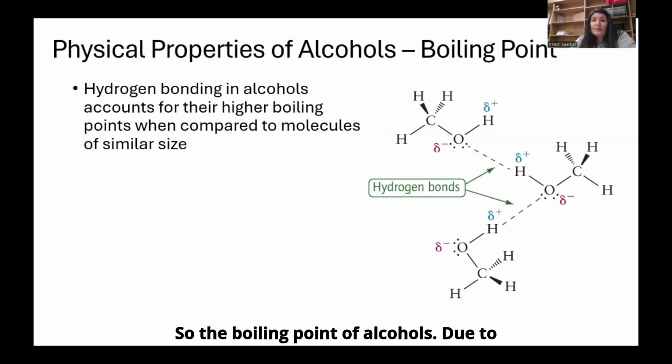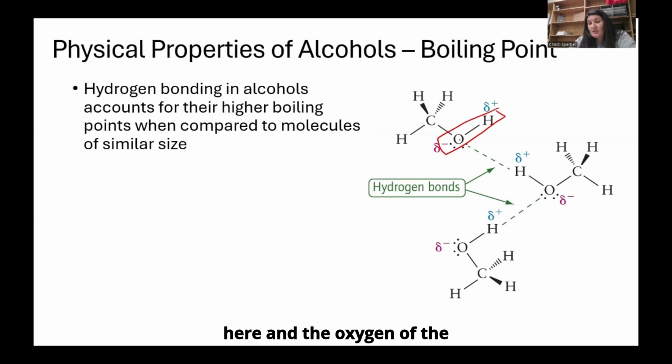Now the boiling point of alcohols. The hydrogen bonding in alcohols accounts for their higher boiling points when compared to molecules of similar size. You can see here we have our alcohol group, and the oxygen of the alcohol can hydrogen bond with the hydrogen of another alcohol group due to their different dipoles, and then we have those intermolecular forces.